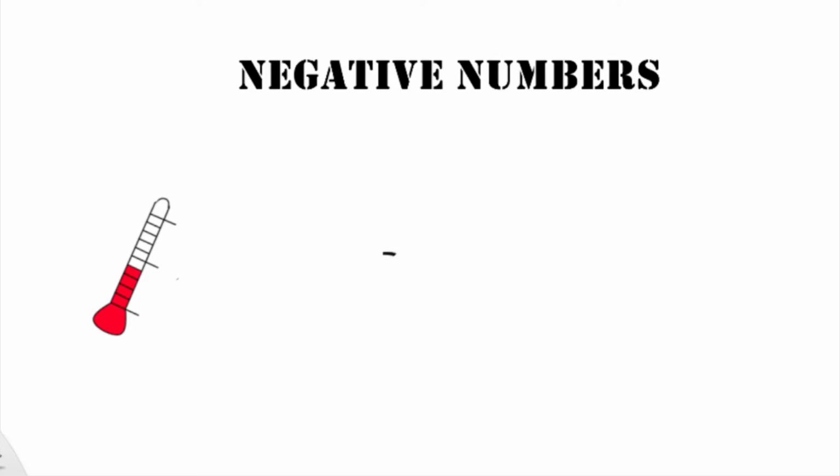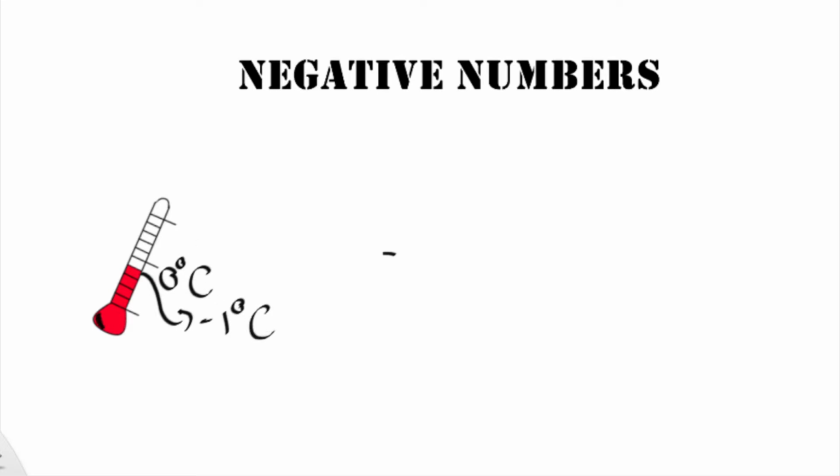For example, here we have a thermometer, and let's suppose that around here we have 0 degrees Celsius. That means that the actual temperature is below 0, so we're gonna need a negative number to represent it. That means that here we're gonna have -1 degree Celsius.